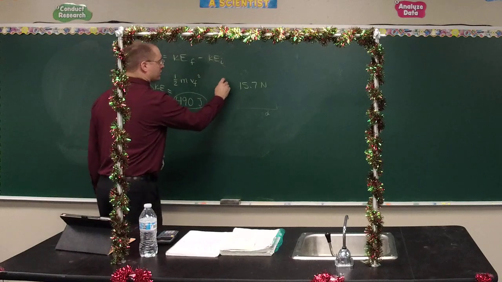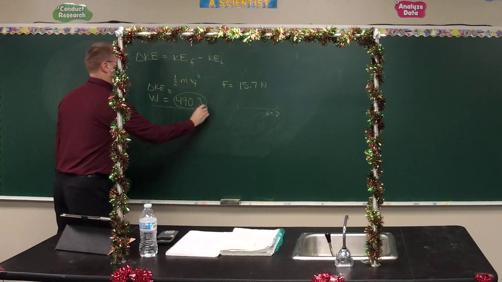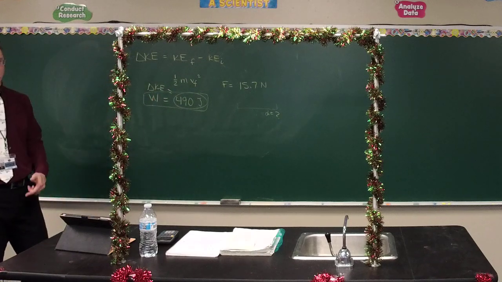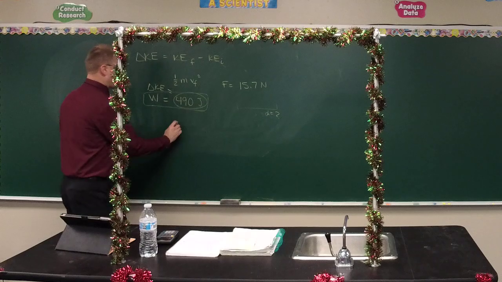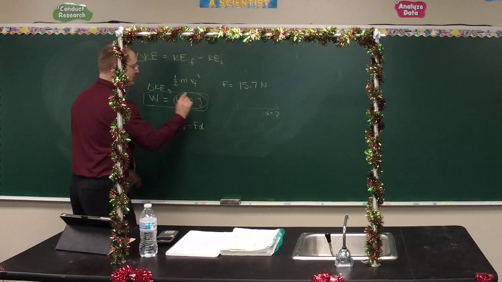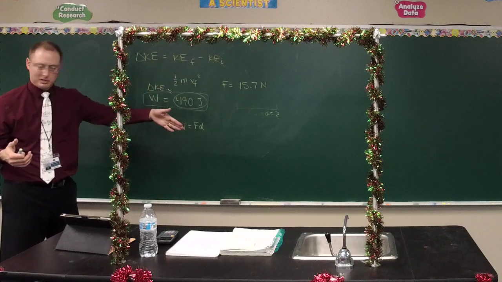So I'm given a force, I'm asking for a distance, and I know the work. Well, go back to chapter 11. What's my formula for work, class? It's not wrong to calculate work as a change in kinetic energy, but it's still not wrong to calculate it as force times displacement.